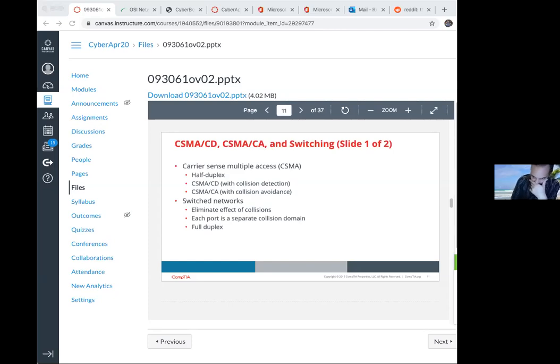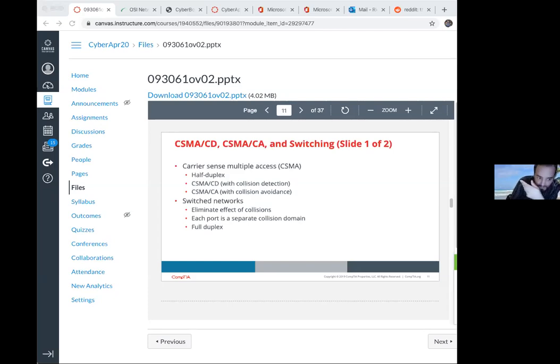And then we have switch networks. Switch networks eliminate the effect of collisions. This problem with contention and crashing into each other is overcome by switches. A switch establishes a temporary circuit between two nodes that are exchanging messages.